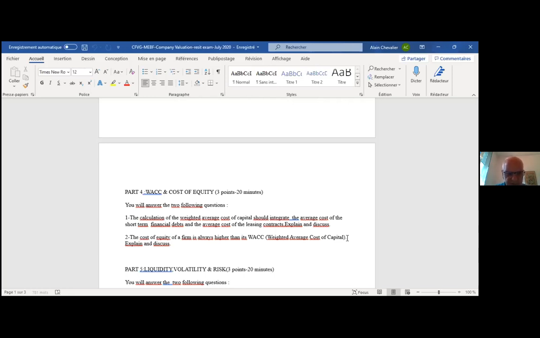Now, if I move to the preceding question, which is part 4, question 1, you have a question here on the elements taken into account in the calculation of the weighted average cost of capital. The calculation of a weighted average cost of capital should integrate the average cost of short-term financial debt and the average cost of leasing contracts explained and discussed.